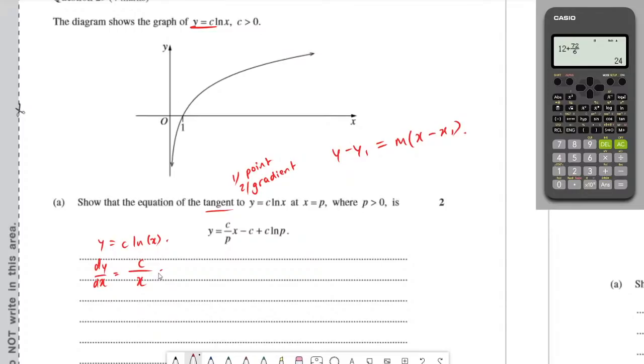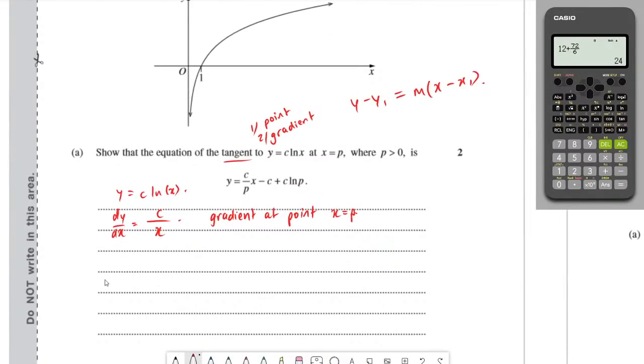Now, we want the gradient at the point when x is equal to p. So we're going to substitute that in, and therefore our gradient is equal to c over p. Okay, and if you have a look, that's actually what we need for that value there.